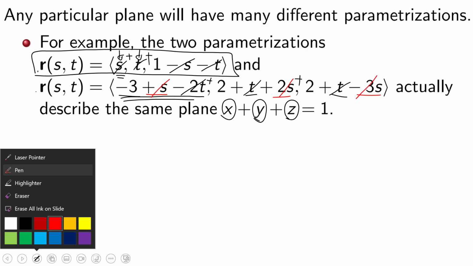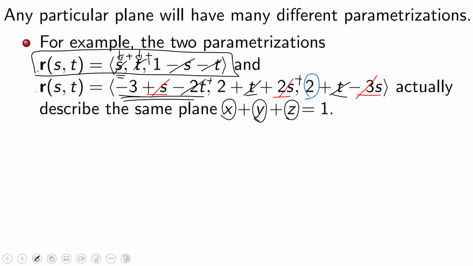And lastly, you have positive 2, and you have minus 3, and you have another 2 here, so you have 4. 4 minus 3 gives you what? 1. So the problem with the parametric equation is that you may have different parametric equations and still have the same surface.